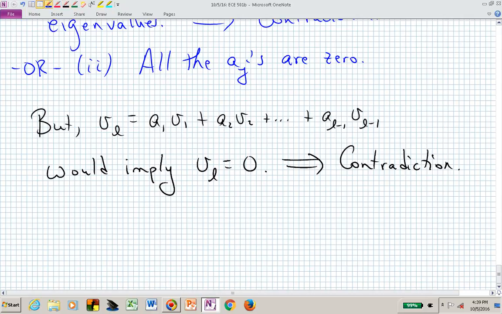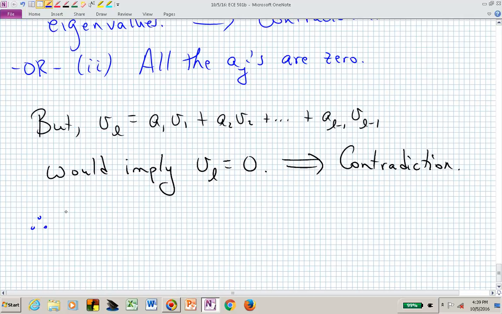And now, that's what we were trying to show, proof by contradiction. We ended up with a contradiction on the different paths by assuming that our vectors v1 through v sub l minus 1 were linearly dependent, and they can't be.